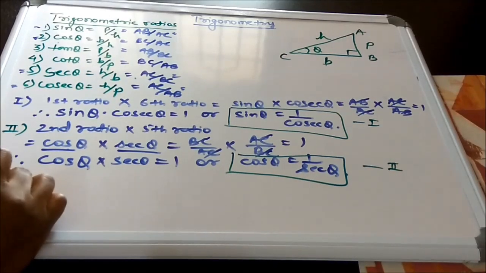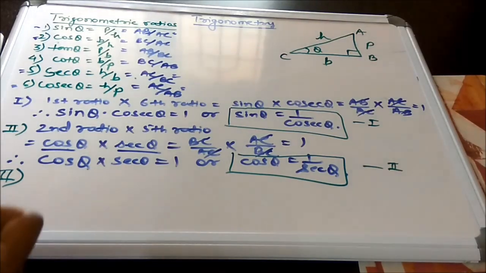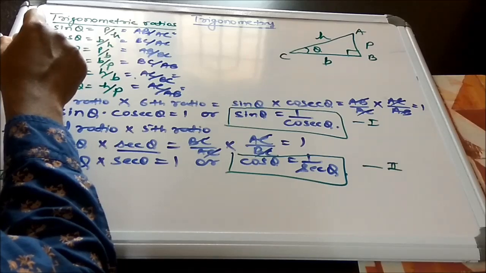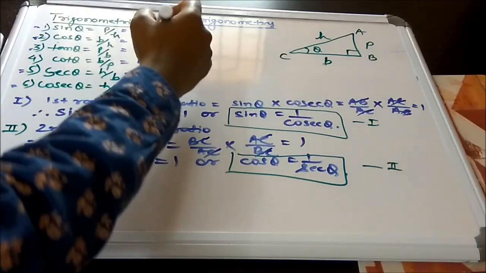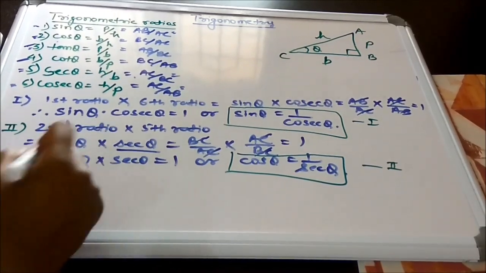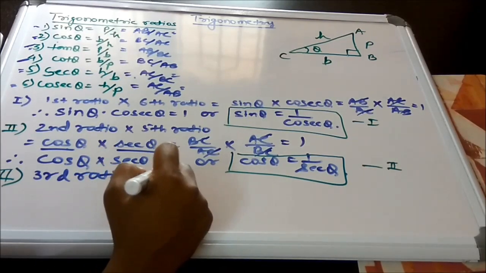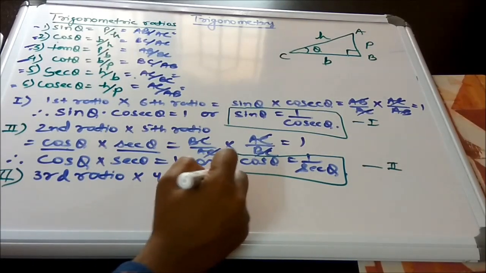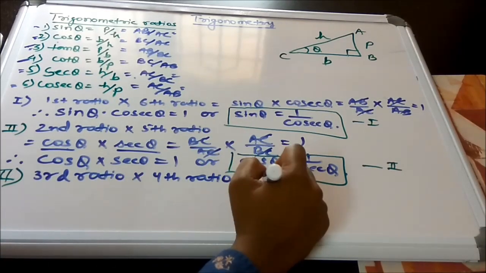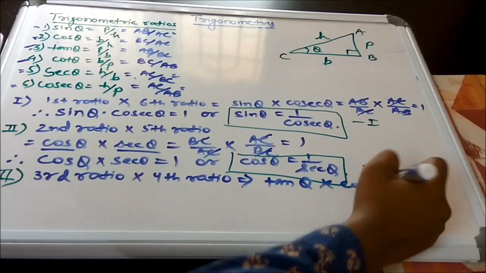Now we will be seeing our third trigonometric identity. For that you multiply third ratio with fourth ratio, that is tan theta into cot theta.